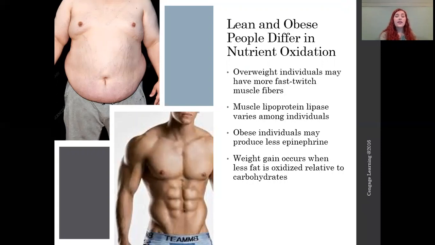And so weight gain then will occur because there is a lower rate of oxidation, which means some of the fat is being stored in excess within the body. Muscle lipoprotein lipase is another variable that differs depending on an individual's body mass.